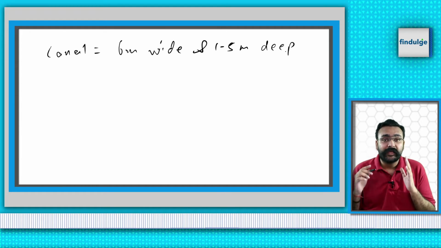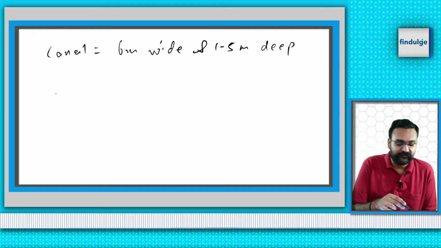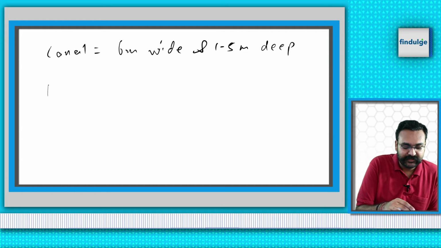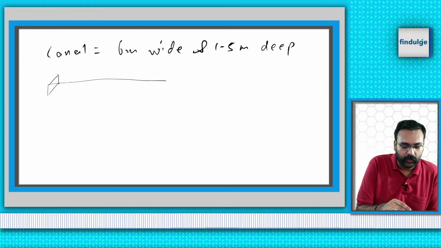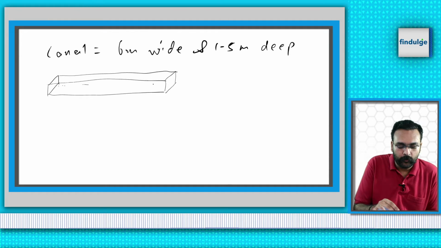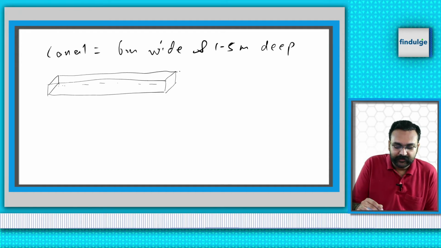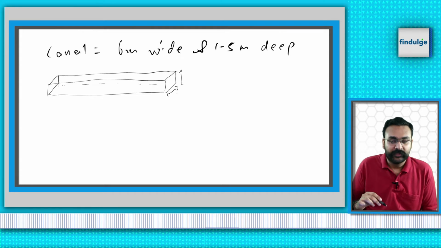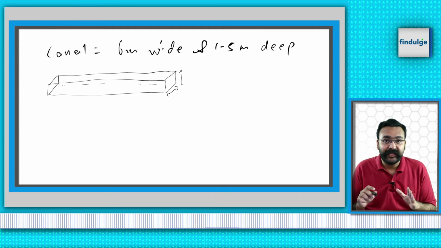Now, if you think about it, imagine that this is your canal. They have basically given you the height and the width, which is nothing but the area of cross section.